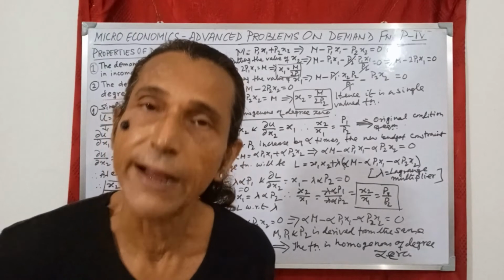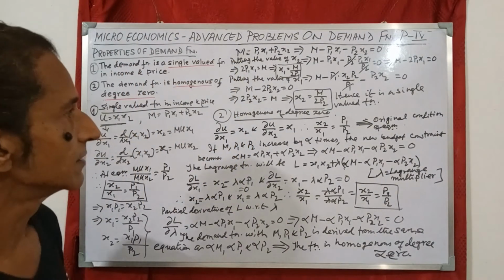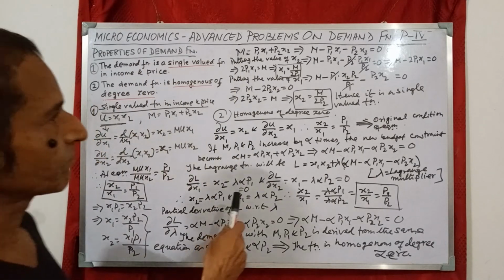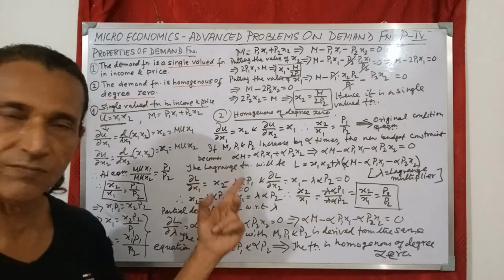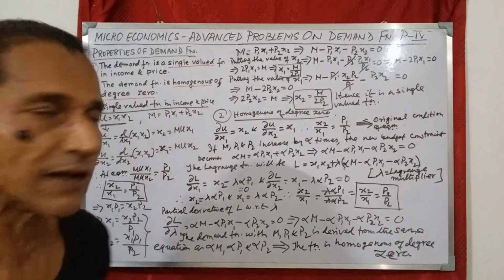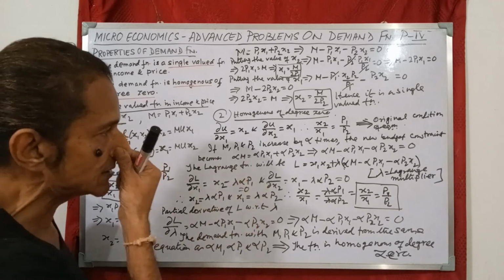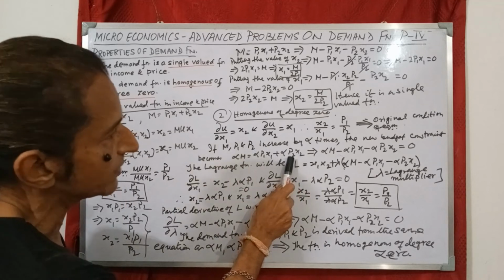Now suppose m, p1 and p2 increase by alpha times. So the new budget constraint becomes alpha m, that is m multiplied by alpha, income is multiplied by alpha, equals alpha p1 x1, price is multiplied by alpha, plus alpha p2 x2, p2 is multiplied by alpha.